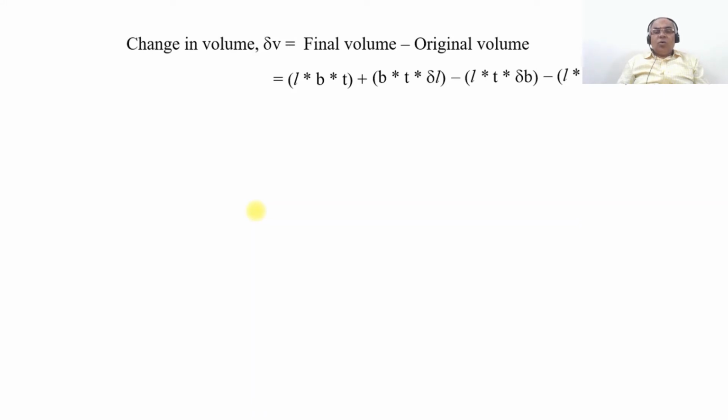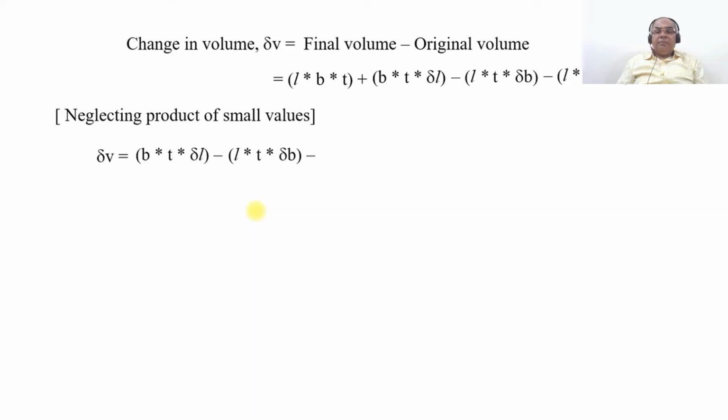So as we know, L into B into T positive and negative will cancel. Therefore, delta V will be equal to B into T into delta L minus L into T into delta B minus L into B into delta T. So what is the volumetric strain?